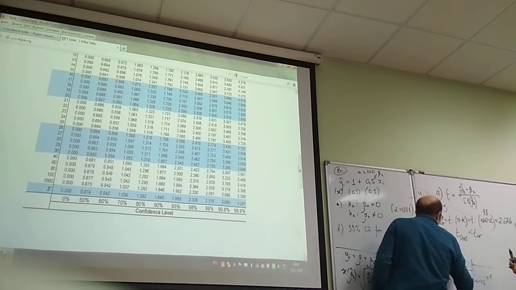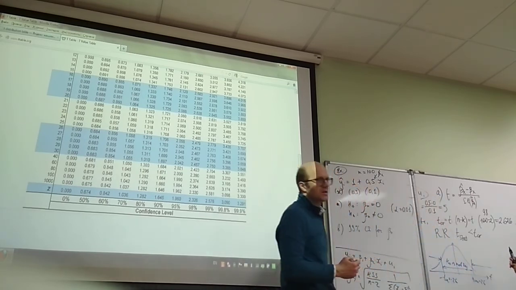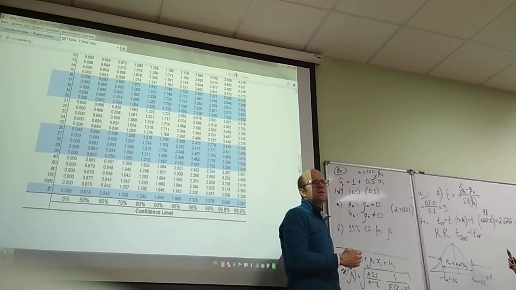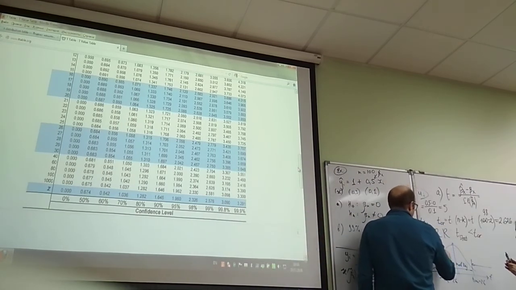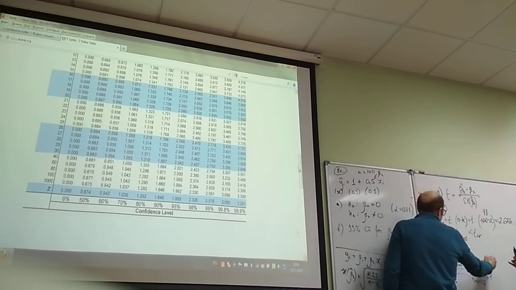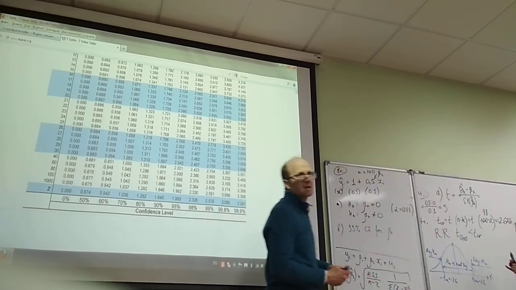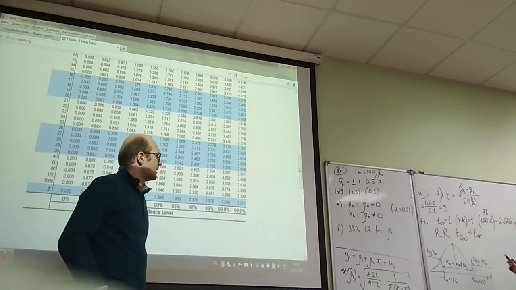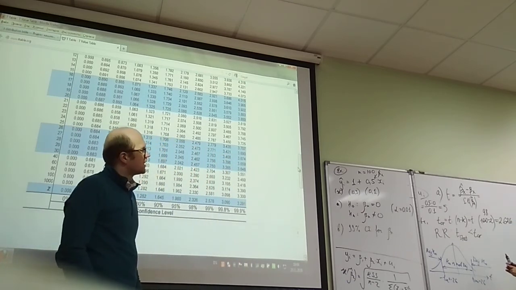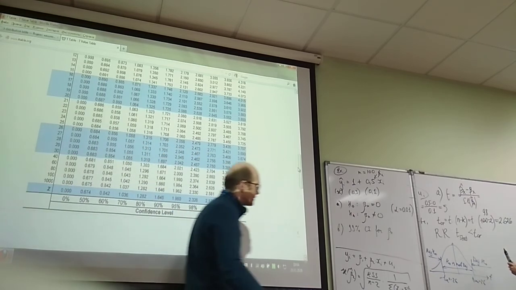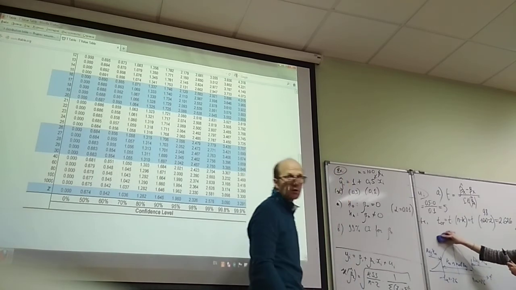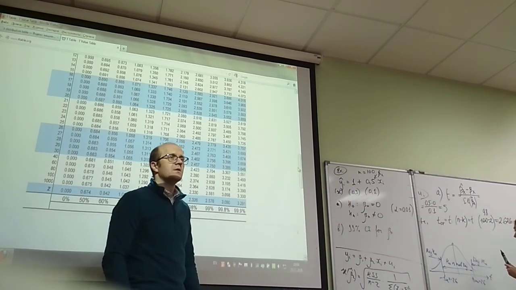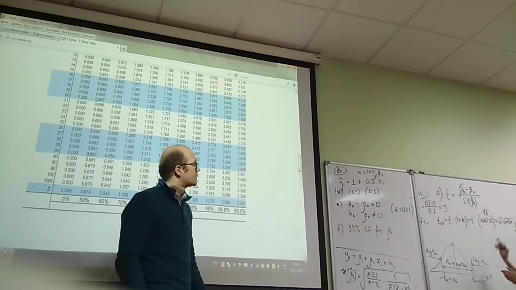And for big values of the T statistic and for extremely negative values, we reject H0. So the picture is like this. In our case, if 5 is higher than 2.6, then we reject 0.